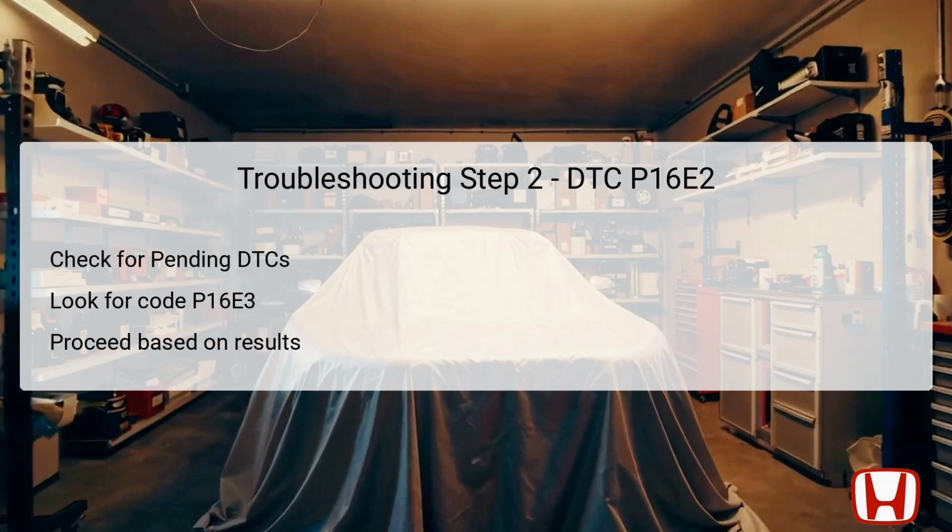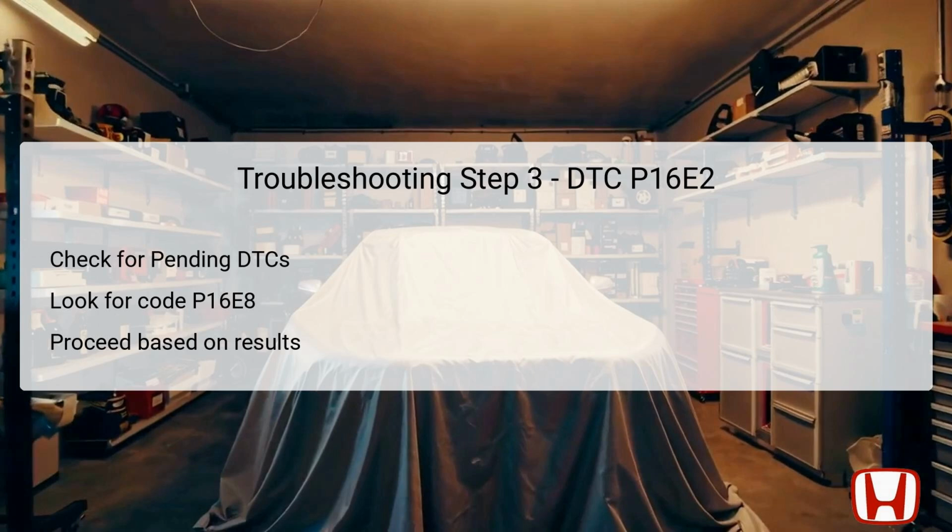If DTC P16E3 is indicated, it signals a potential issue that might impact the ability to diagnose P16E2 efficiently. Following this, a decision is made based on whether DTC P16E3 is present or absent, directing the technician to the next troubleshooting steps as outlined in the diagnostic guide.